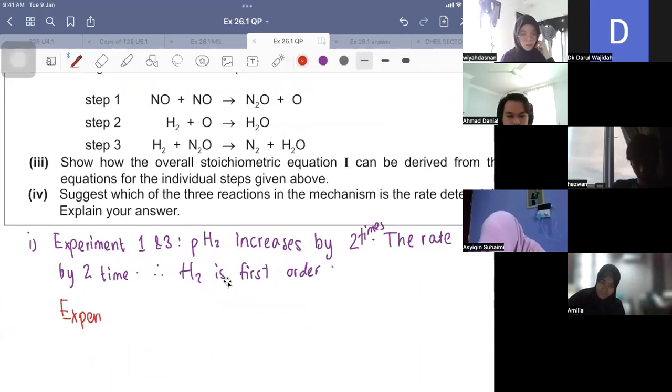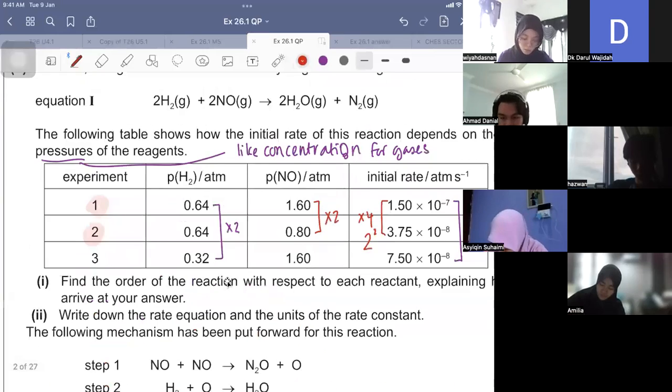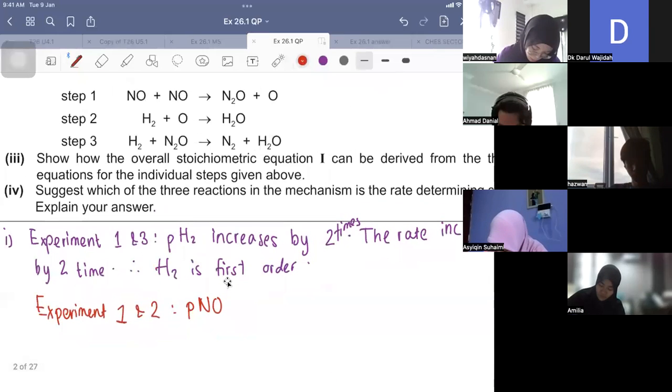So looking at experiment 1 and 2, the partial pressure of NO increases by 2 times.